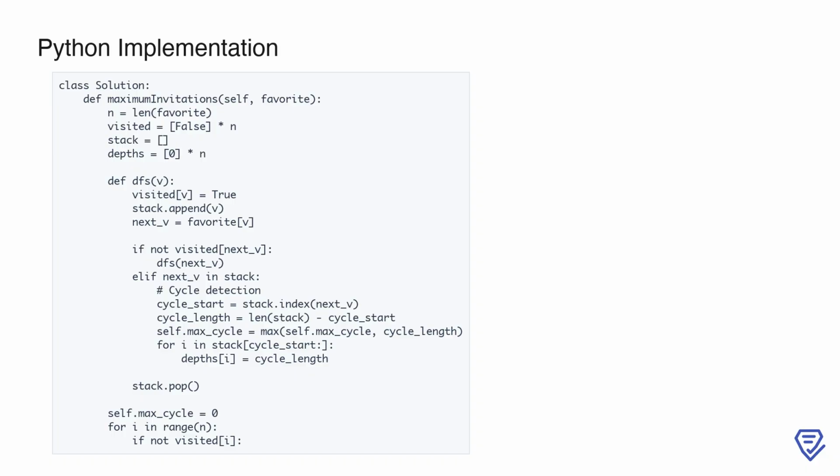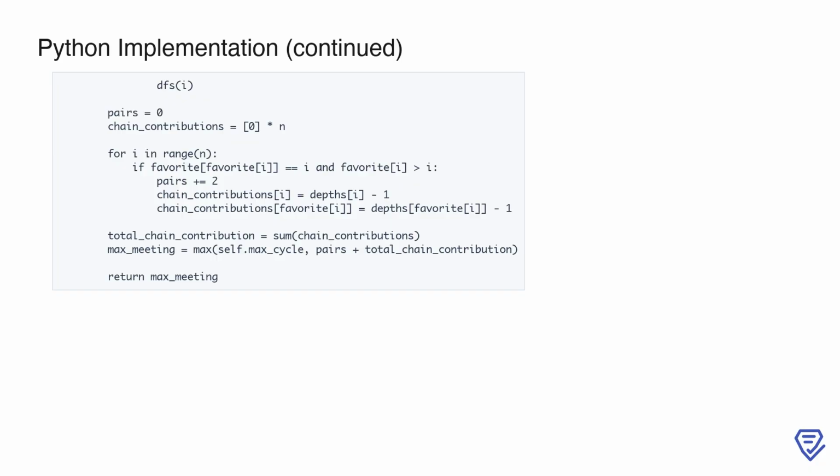The cycle's starting point is determined using the stack's index, and we calculate the cycle's length. We then update the max_cycle variable to store the longest cycle seen so far and record the cycle length for all employees involved. Finally, we remove the current employee from the stack as we backtrack. Outside the helper function, we initialize max_cycle to 0 and iterate through all employees to ensure each one is processed by DFS if they haven't been visited yet.